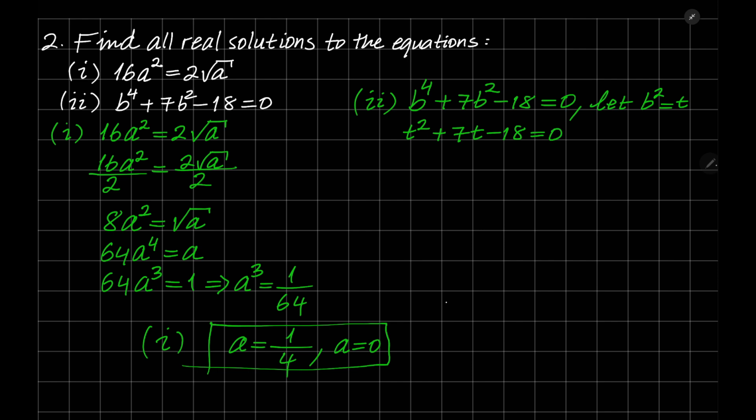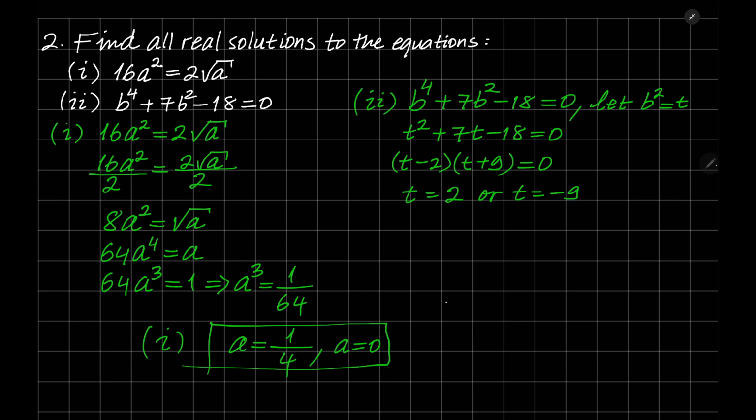This is a quadratic equation. We can factor it. t minus 2 times t plus 9 equal to 0. It means t is equal to 2 or t is equal to negative 9.